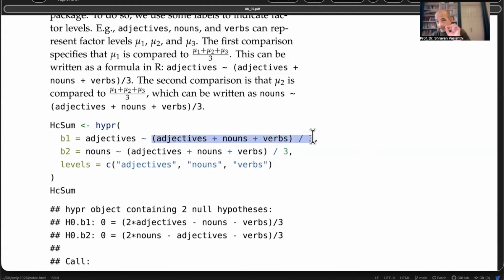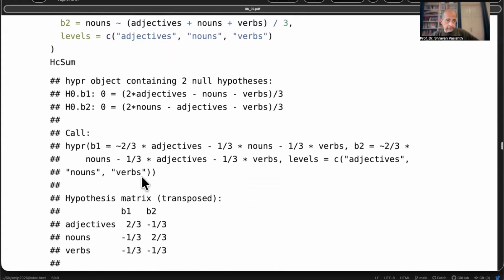So I'm literally writing out the hypothesis here, right? So the mean of the adjectives is the same as the grand mean, okay? Similarly, the next hypothesis could be that the mean of the nouns is the same as the grand mean, right? And here we are specifying the three levels of the factors for the benefit of the hyper package. So the hyper package now knows that there are three levels in this factor, and these are the two hypotheses that one wants to test.